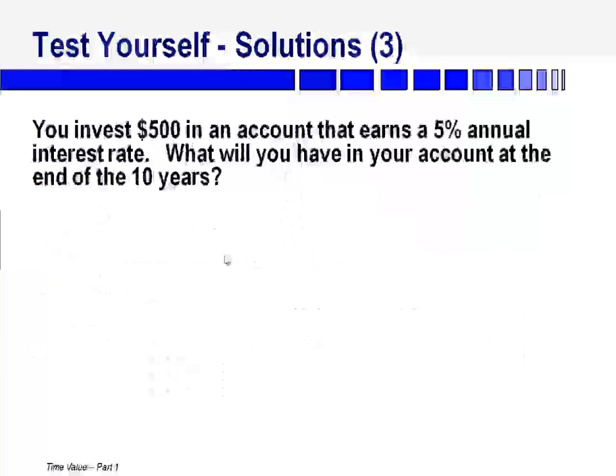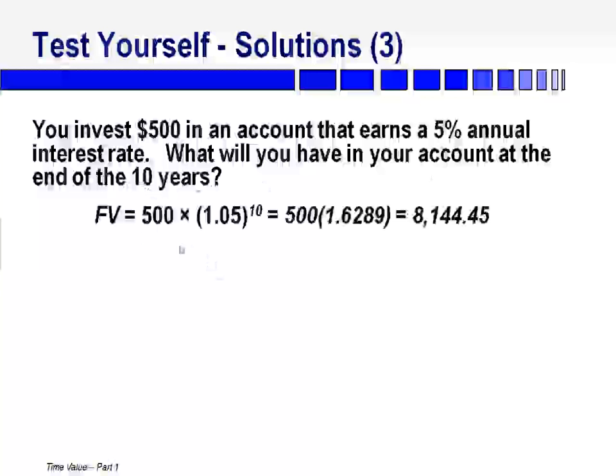Next, the problem. You put $500 in an account, you earn 5% annual interest. What will the balance be in 10 years? First, let's do it with the formula. The future value is the present value, 500, times 1 plus the interest rate, 1.05, raised to the number of periods, and since a period is a year, 10 is the number of periods and 5% is the interest rate per period.